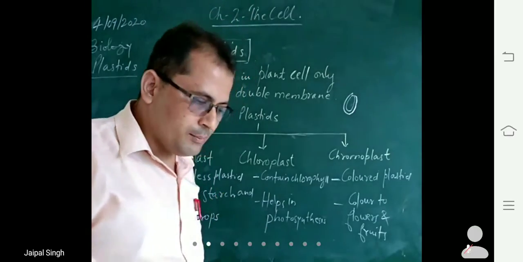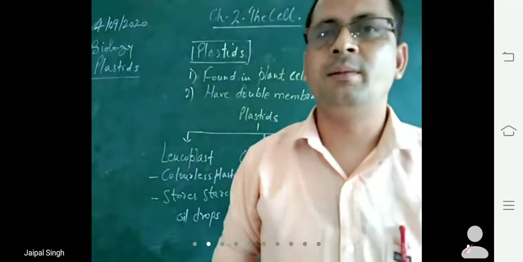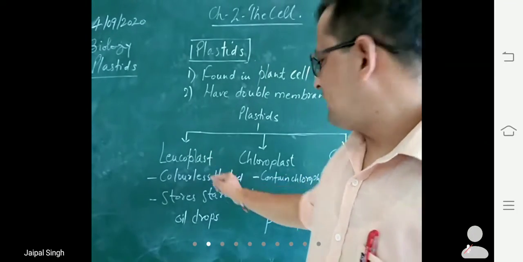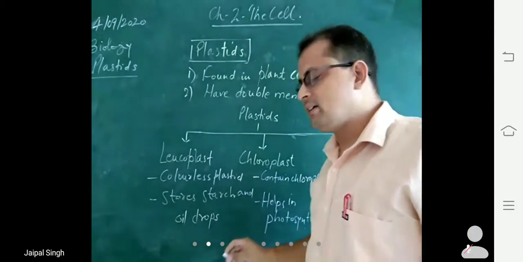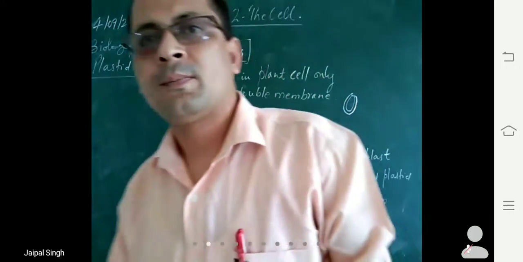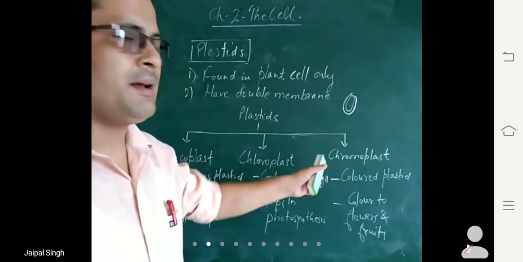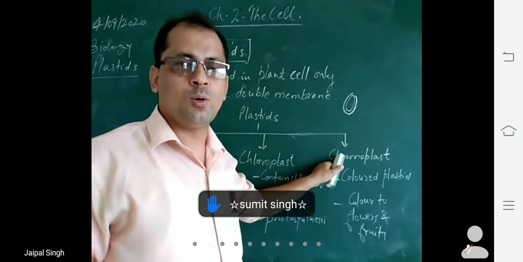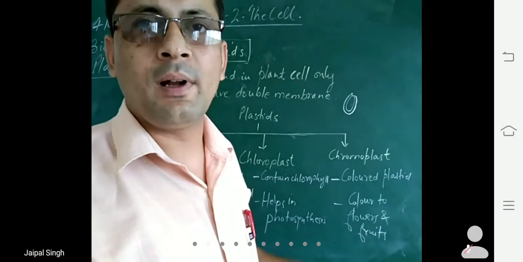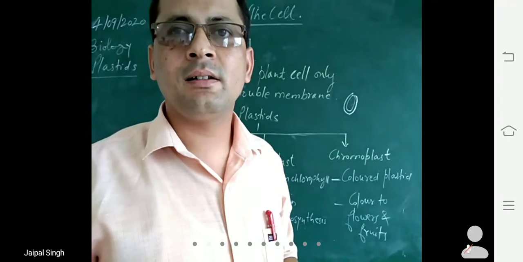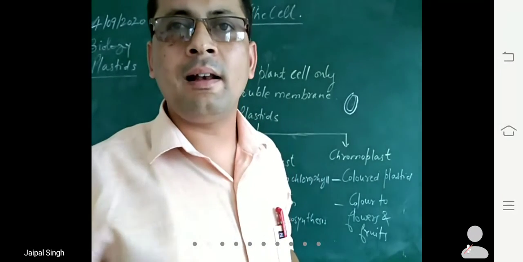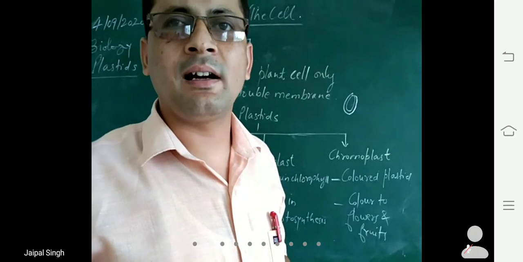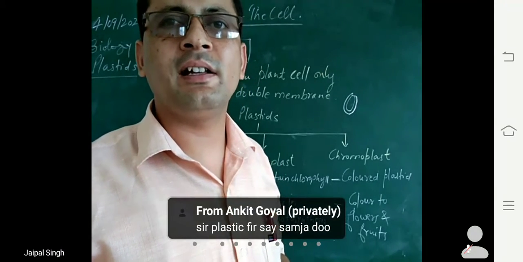So basically, beta, plastids have three types. First is leucoplast, second is chloroplast, and third is chromoplast. Leucoplast is a colorless plastid, which means it does not have any color.